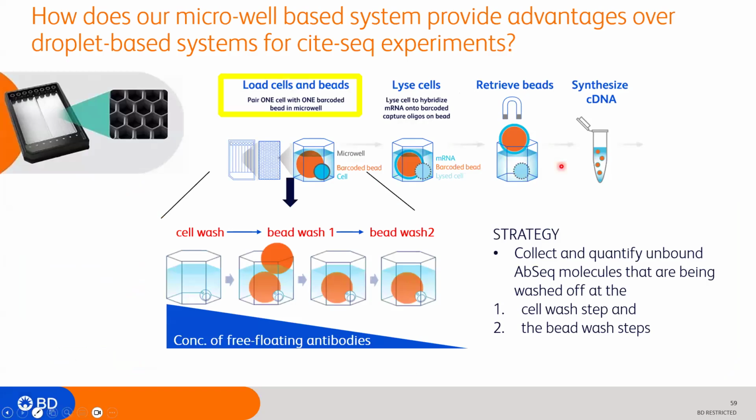We also have a really nice SCIC application or assays in that the way our system works, it is an open well system, right? So when we do SCIC work, these antibodies will bind to surface markers on live cells, but they'll also bind to dead cells and debris. You also, if you didn't wash very well, may have some ambient antibody floating around.